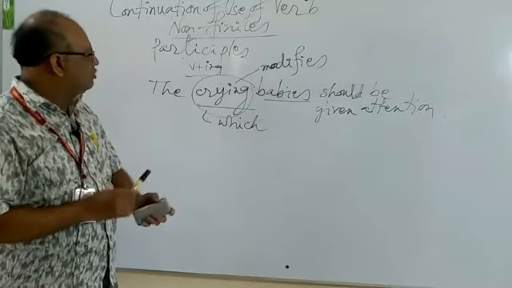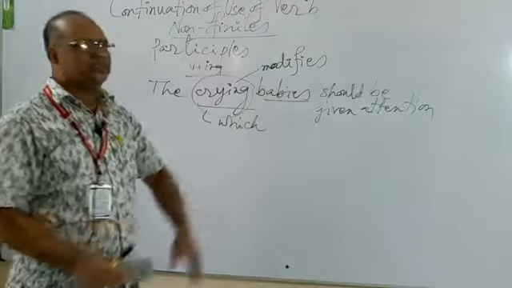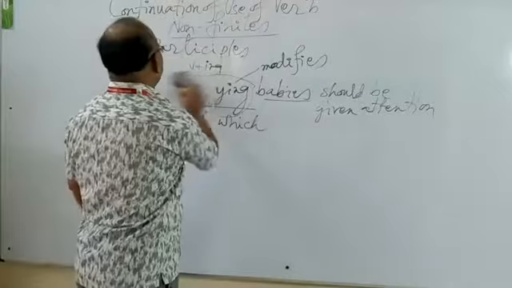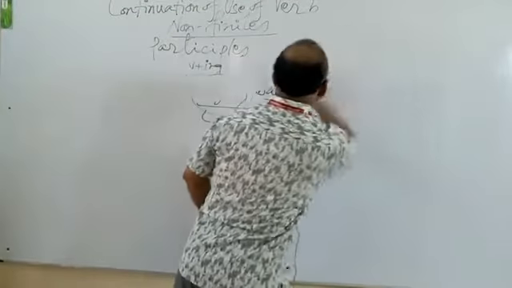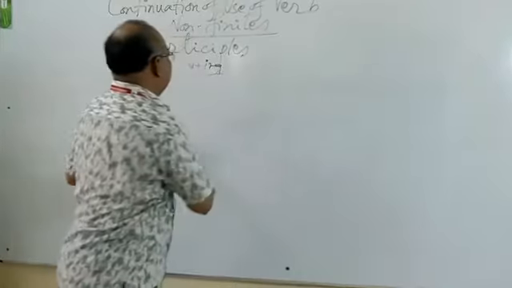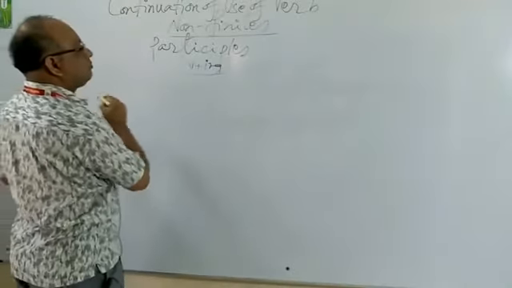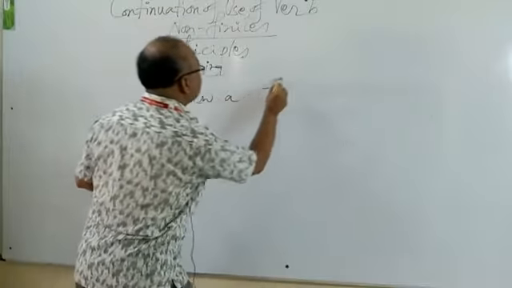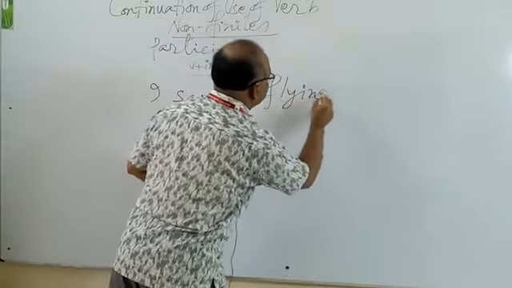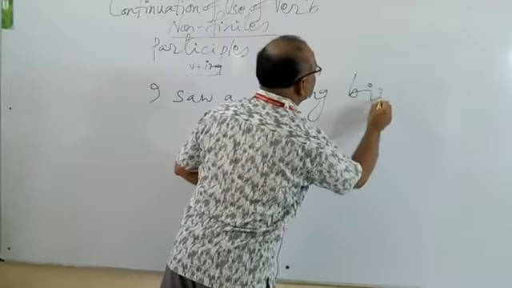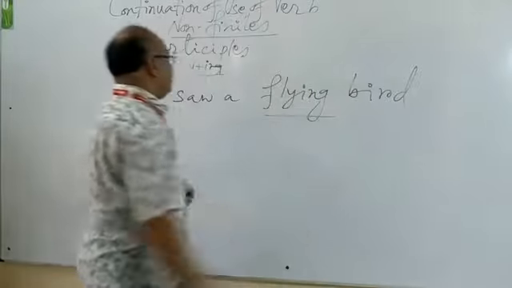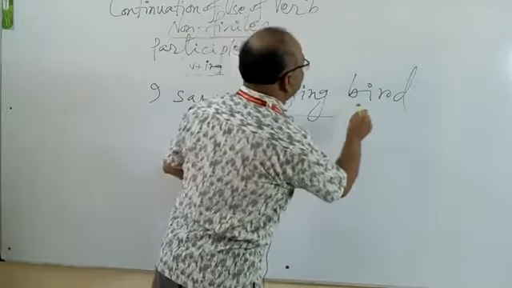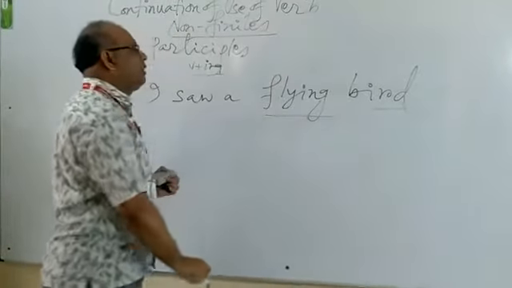Now we have seen the use of present participle in the subject position. We can see it in modifying the object also. Let's see through an example. So you can see here it is modifying the object or the complement.